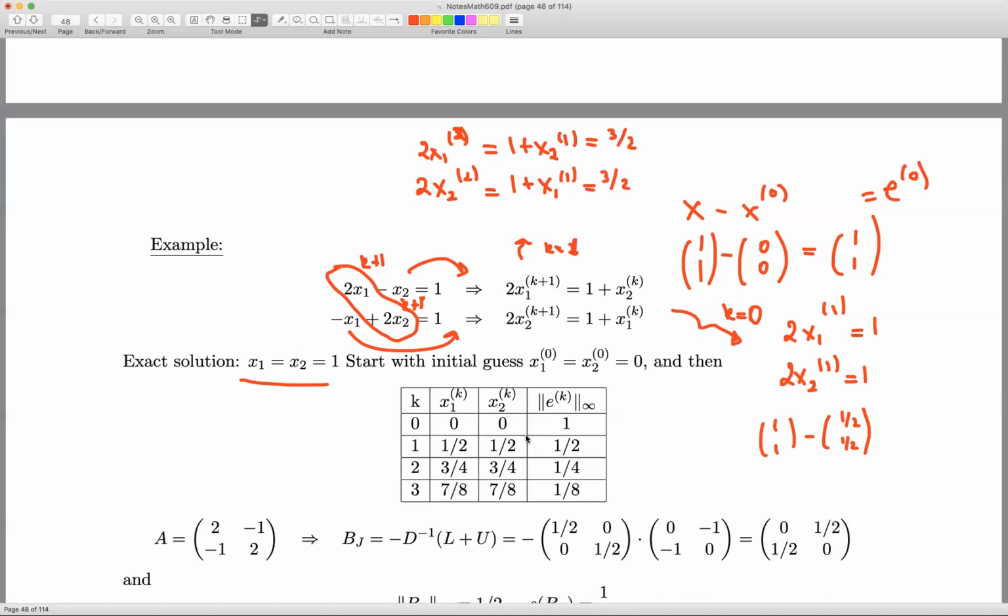When we divide by 2, the coordinates of the vector x2 are 3/4 and 3/4. Therefore the error will be the exact solution 1, 1 minus 3/4, 3/4, which is the vector with components 1/4 and 1/4. This is the error at step 2, and you see that the infinity error will be 1/4.